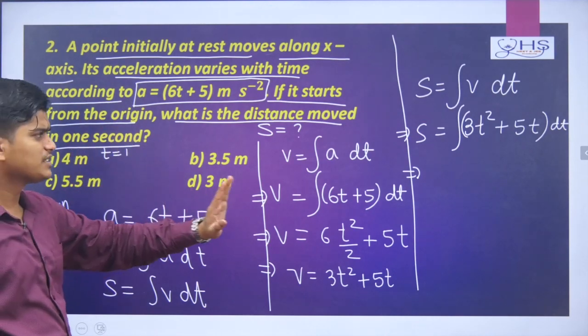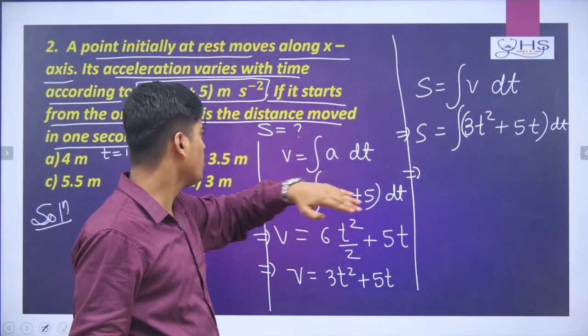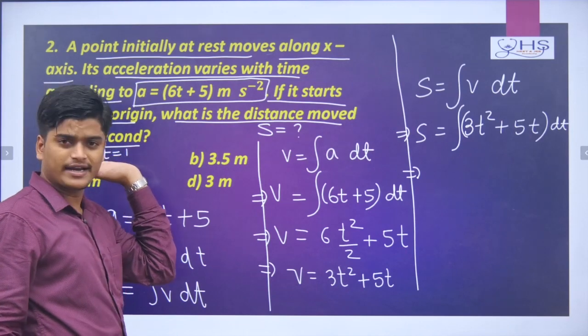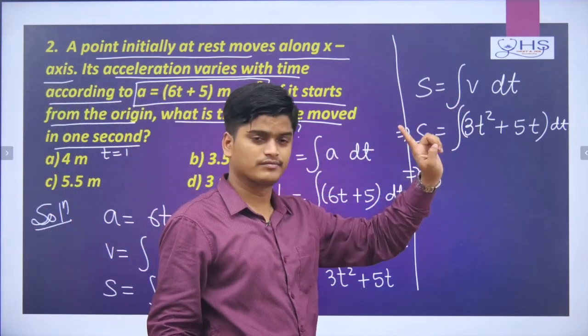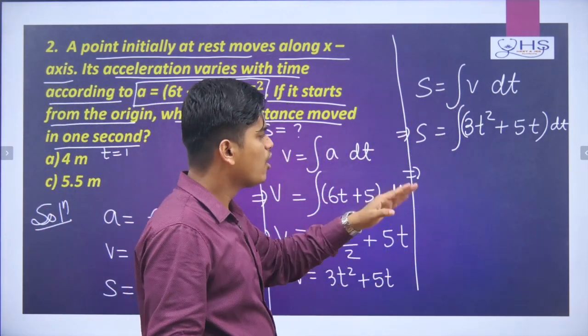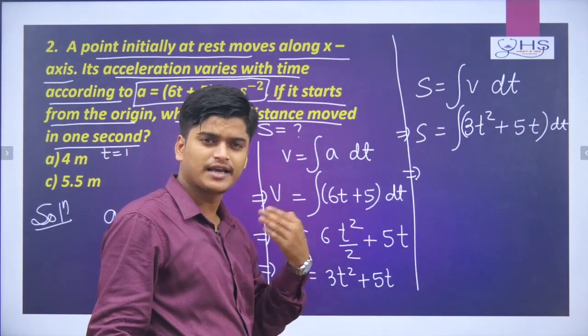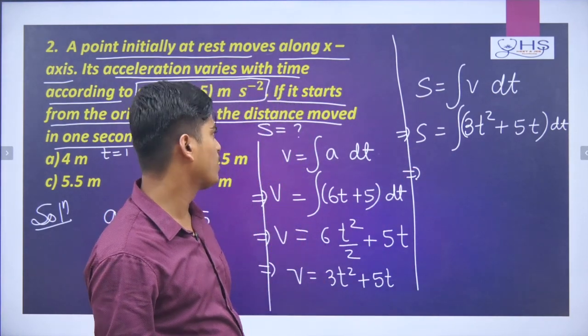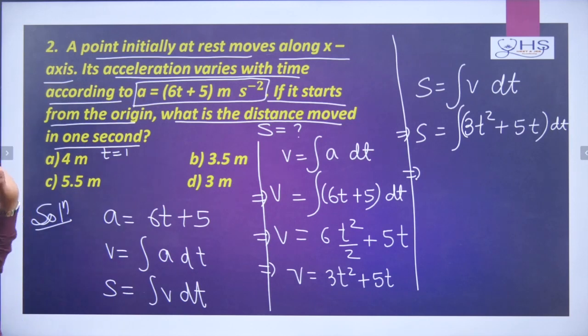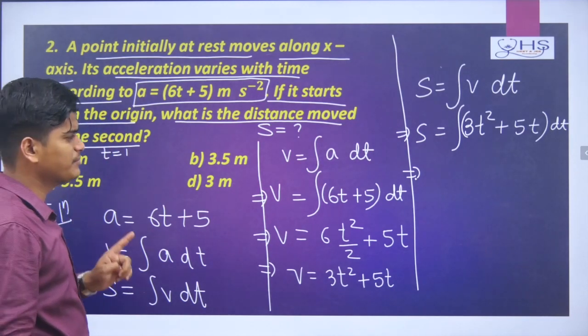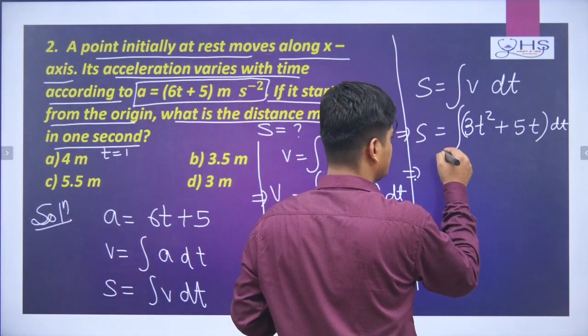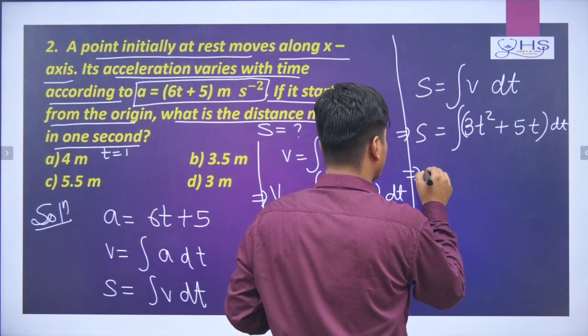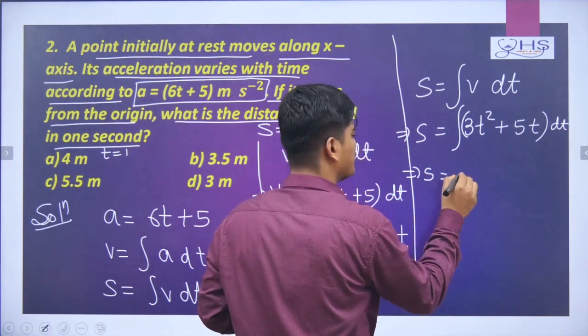Starting from origin means it is 0 actually. So 0, and at 1 second you have to find, that means t equal to 1. So 0 to 1 you can consider, otherwise directly calculate s, then after substitute t equal to 1. Okay, because here starting from origin means time is basically 0, you can take time 0. Now here initially starting from origin. Now let me calculate s here.